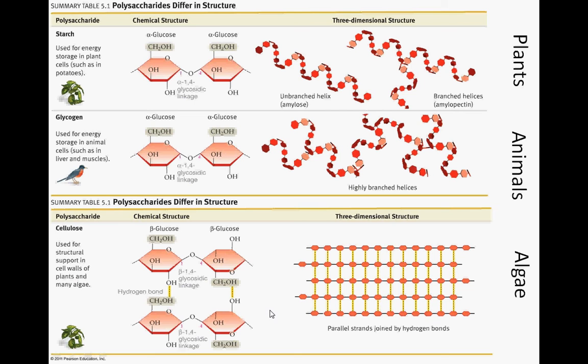One more thing to point out is that we've got these glowing yellow dashed lines here and here. What this is demonstrating to us is that we have this group here and this group here from one strand of cellulose to the next one that are hydrogen bonding to each other.